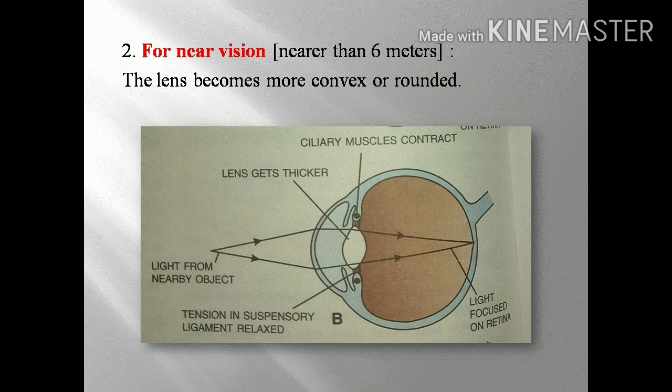Here the suspensory ligament is relaxed and the ciliary muscles contract. The tension is released in the suspensory ligament, so the tension on the lens reduces and the lens becomes more rounded, or thick.